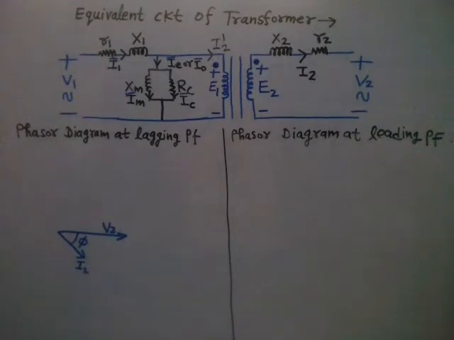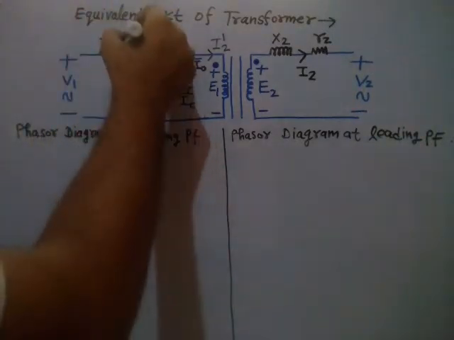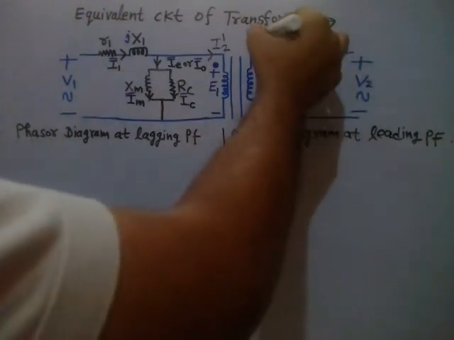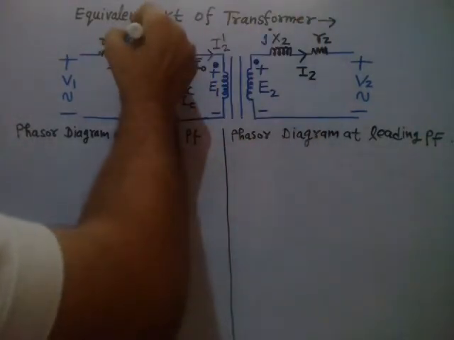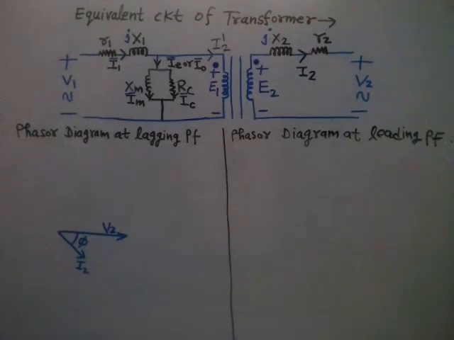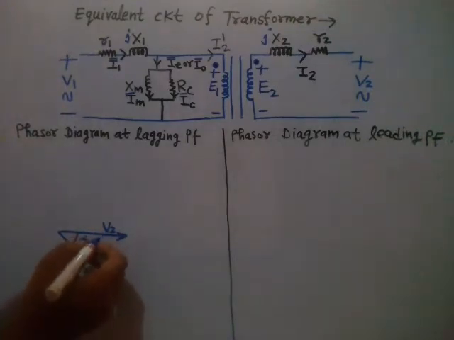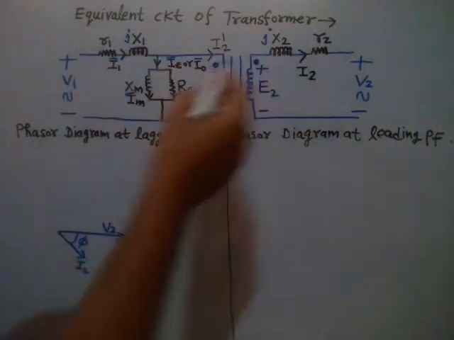Now in the second step, add the drop I2R2 to V2, then draw j times I2X2, right? It's an inductive part, so it will come with the j notation for AC values, right? You might have studied all these things in basic electrical technology. So here just add the drop I2R2 to V2 and then draw j times I2X2, right?